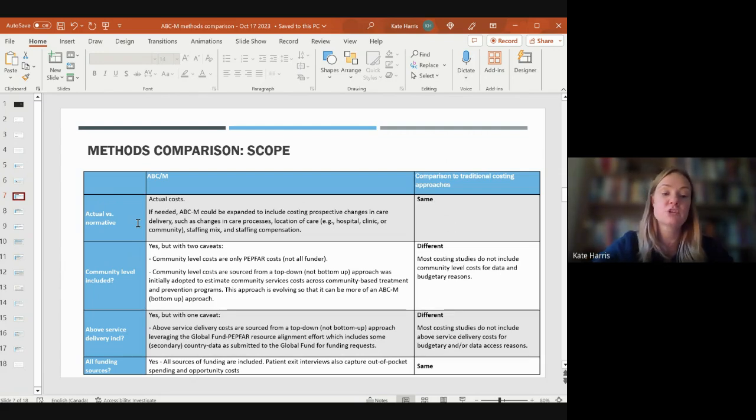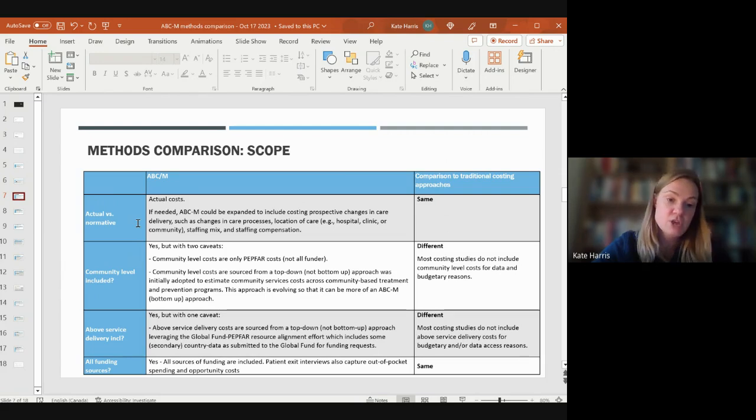In terms of the scope to include community-level costs, activity-based costing does include this, but with two caveats. Community-level costs, for example, things that are activities that occur above a facility but below the national level, are included, but they're only included for PEPFAR-paid ones. We don't have the data in this study right now for Global Fund or government or other funding costs. So they're included, but just for PEPFAR.